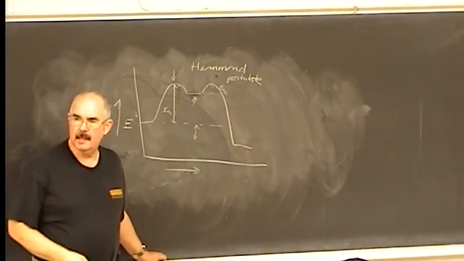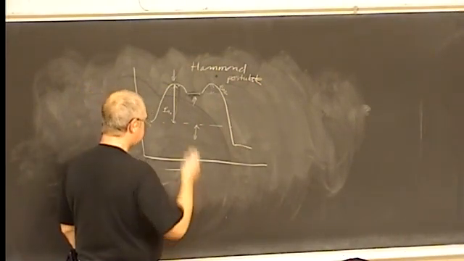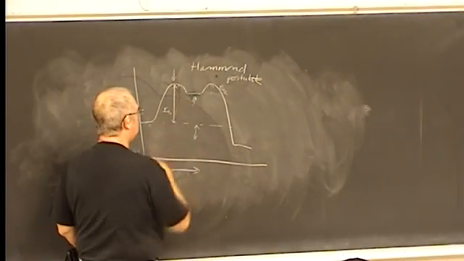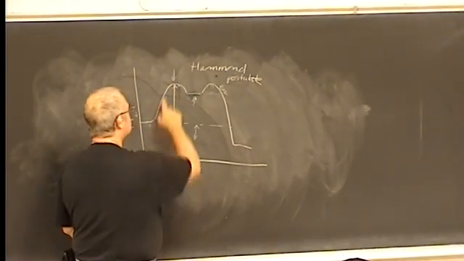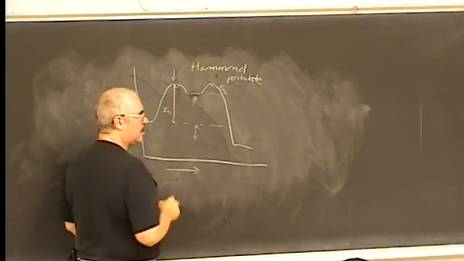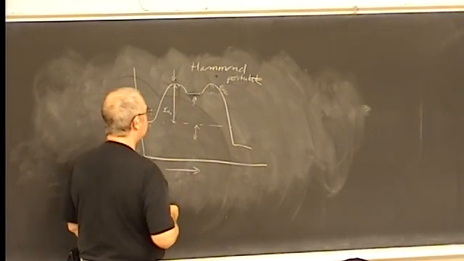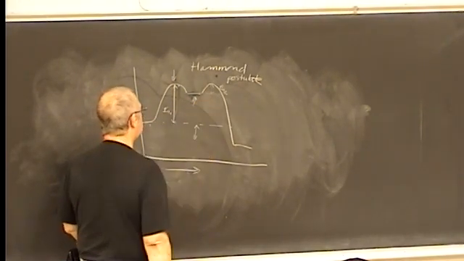Okay, in the Hammond postulate, if a step is endothermic, for example, this first step, the transition state would more closely resemble the intermediate than it would the starting material. Okay, and that would be the same way for step 2.